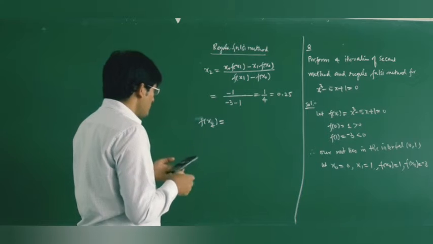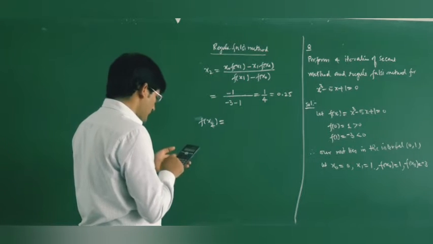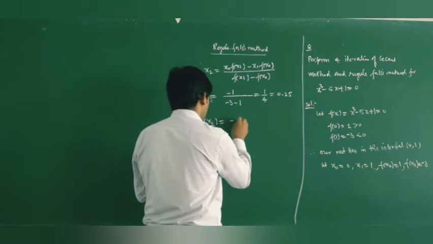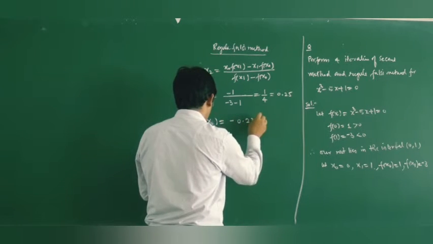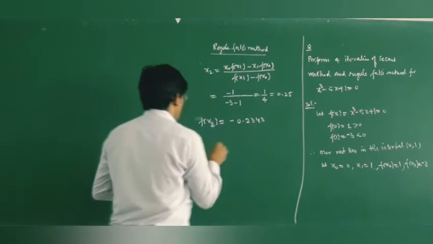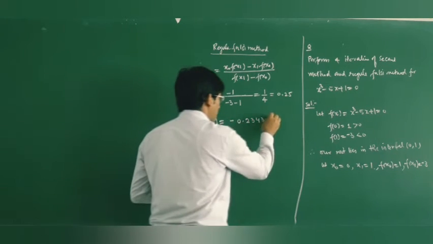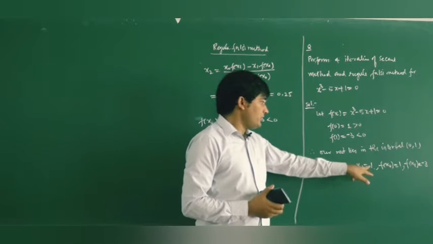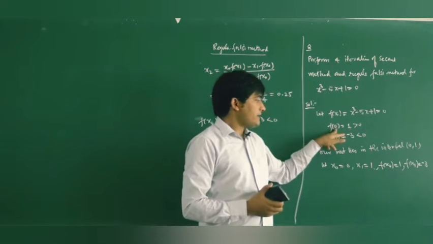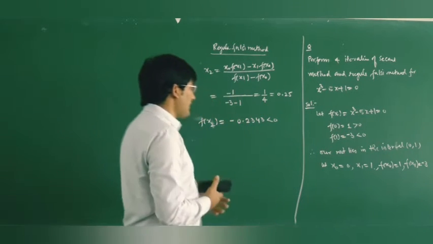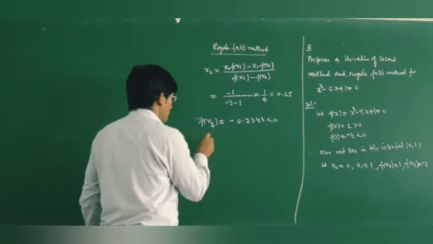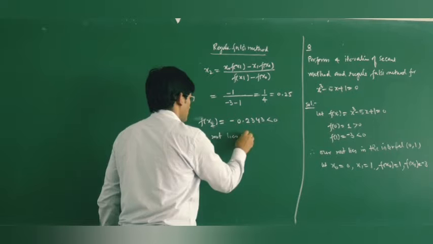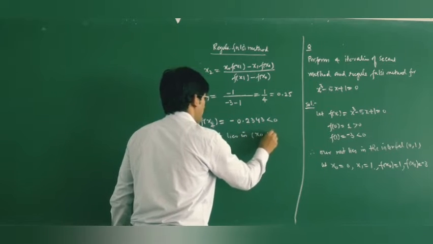The value of this function for this x2 is equal to minus 0.2343, which is negative. Earlier our value was positive for x0. So our root will lie between x0 and x2. Therefore root lies in the interval x0, x2.